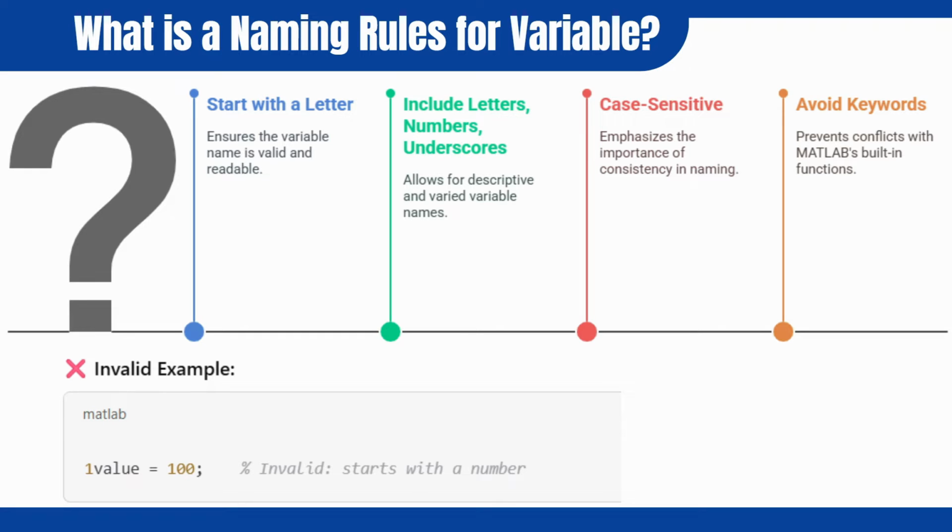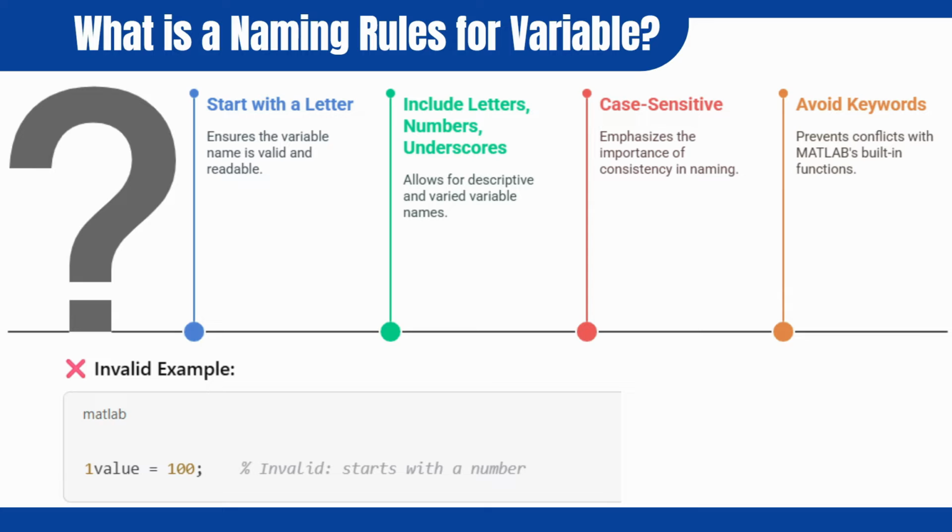So what is the naming rule for variables and how can we name them? The very first rule is to start with a letter, which ensures the variable is valid and readable. Never start with a number. The variable always starts with a letter, and can include letters, numbers and underscores. Names are also case sensitive. MATLAB is very sensitive, so for example lowercase and uppercase are different.